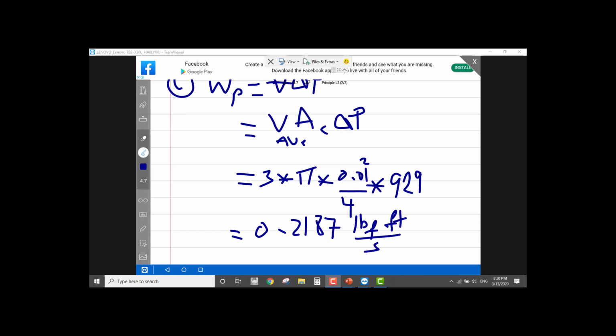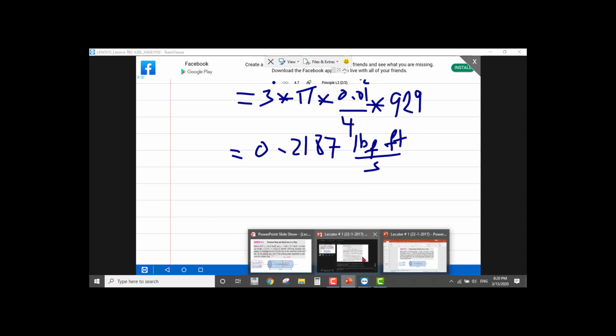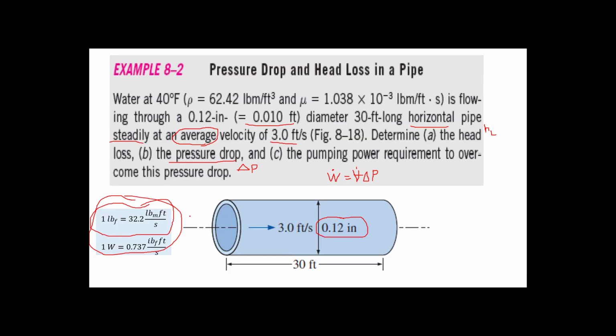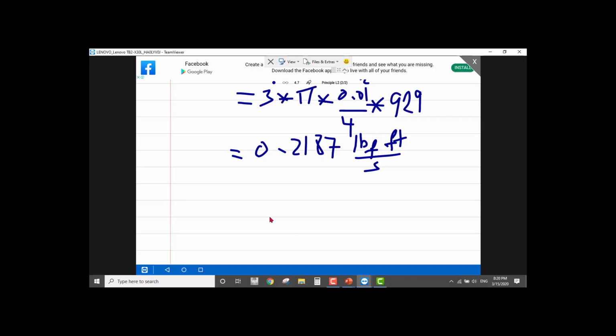Now here we come to another conversion. If we go back to the question statement, this is the second conversion, pound force foot per second to watt. So we need to divide by 0.737.